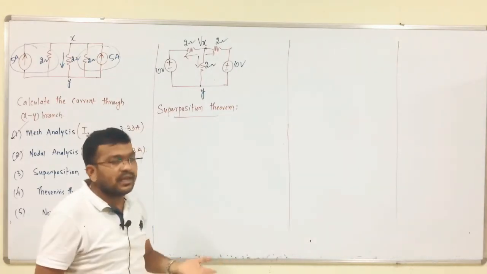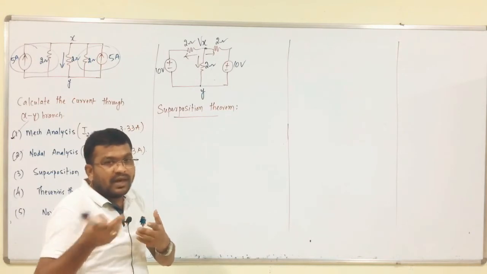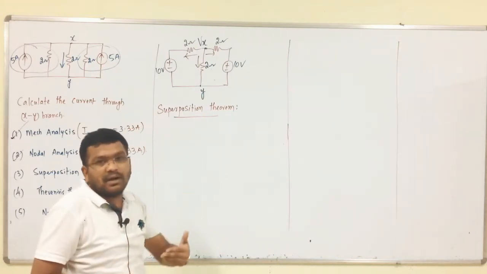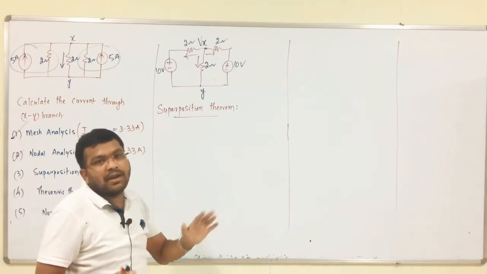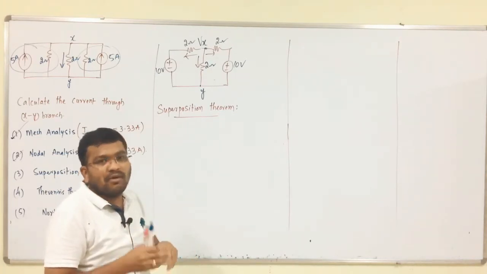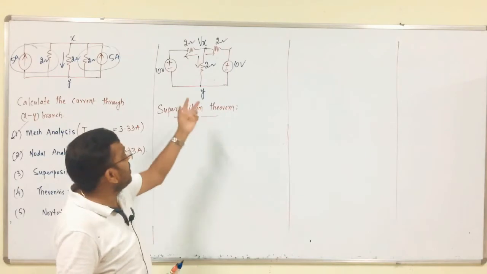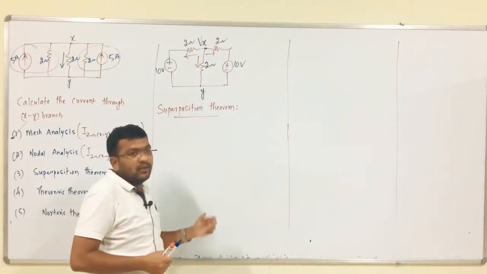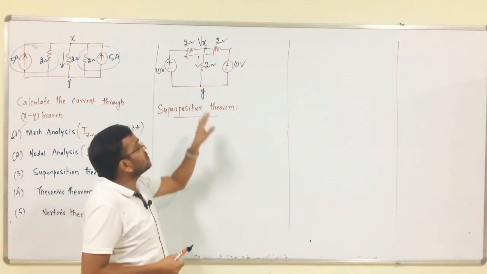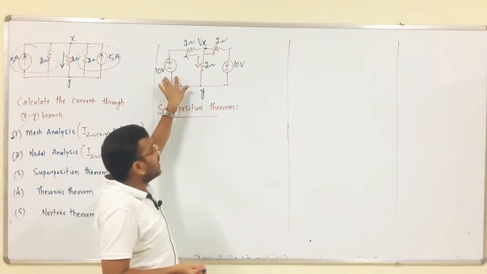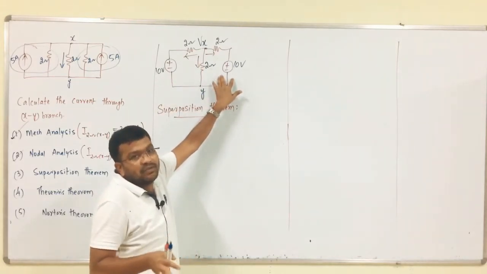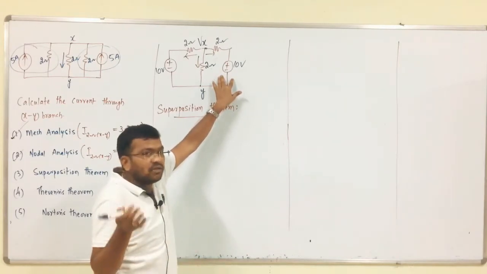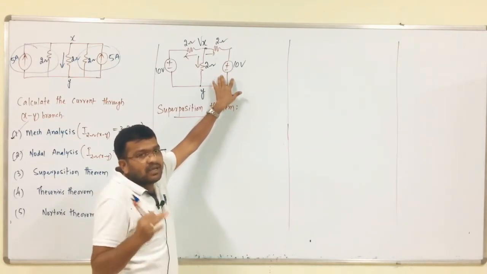At last, if all the currents are in the same direction as in the main circuit, add them, otherwise subtract them. This is the basic theme of the superposition theorem. Here we have two sources, so we have two cases. In case 1, this source should be active, in case 2, this source should be active. For each case we have to calculate the branch currents. At last, we add or subtract based upon the directions.